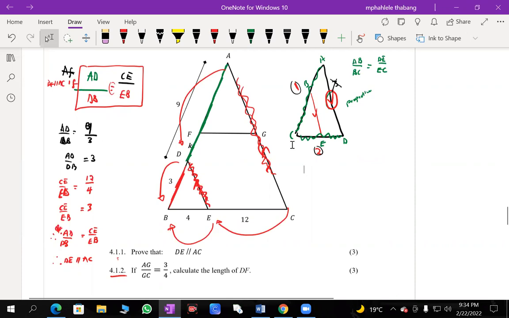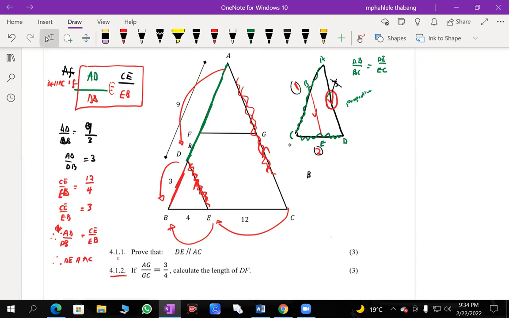What about the other sides being in proportion? Okay, we started with the small part.